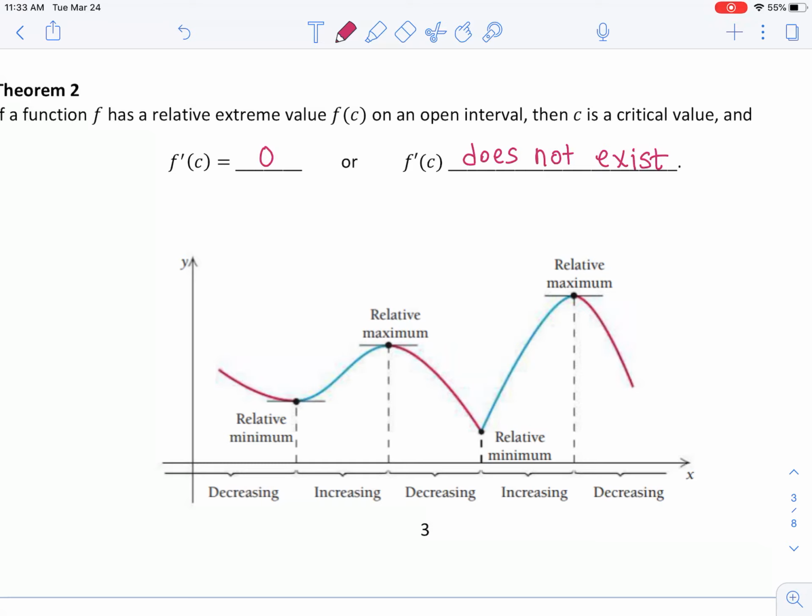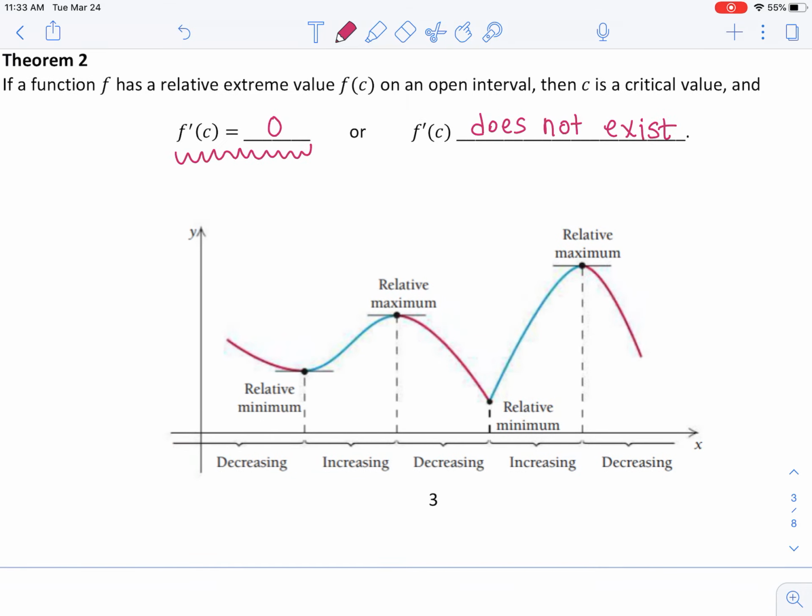And in today's, like 4 examples that we went over, all of them are polynomial functions. So we really only just practiced setting the derivative equal to 0. But I'll come back maybe on Thursday where we see a couple of these other cases where the derivative does not exist, and we call them also critical values.